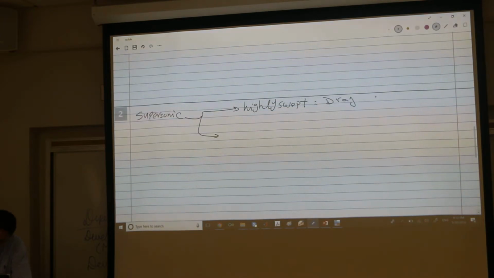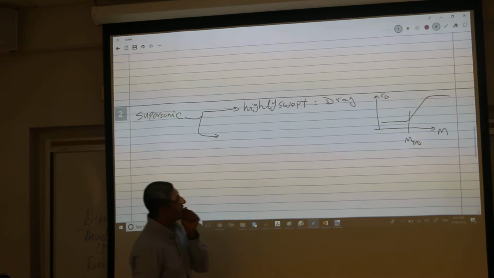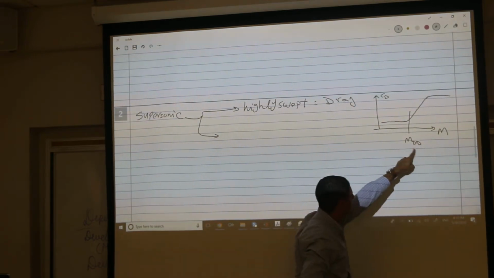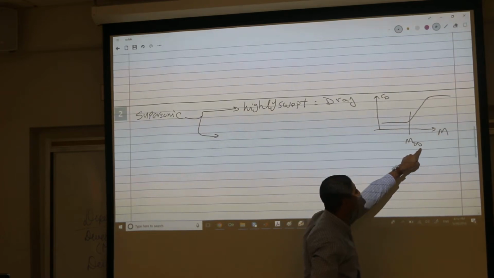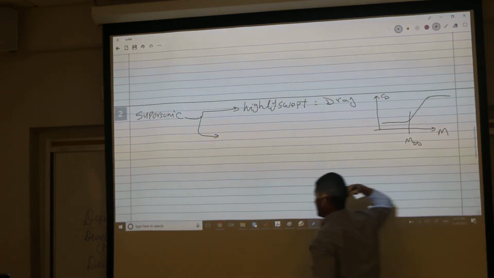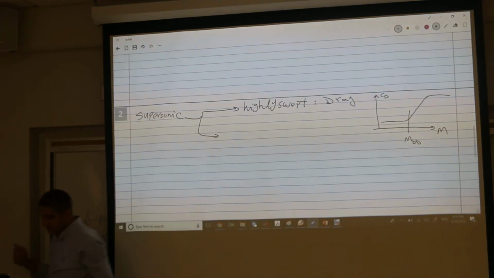Why? Because remember this curve, CD versus Mach number. Remember the MDD, the drag divergence Mach number? So beyond a certain Mach number, this is MDD, for drag divergence, the drag diverges. We have a huge drag rise due to compressibility effects.